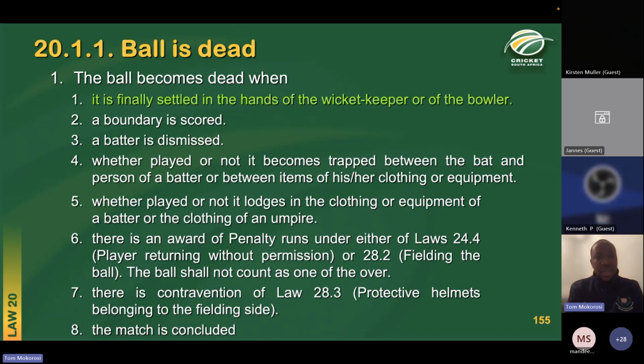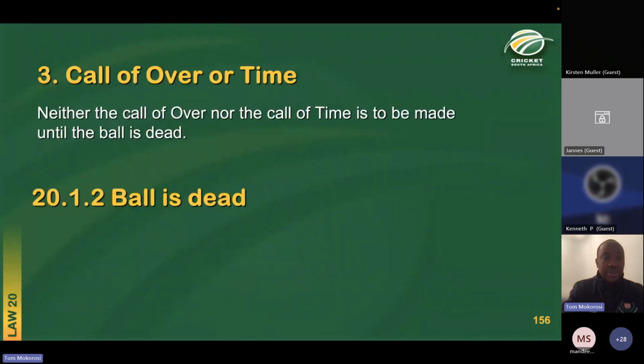In points number 4, 5, 6, and 7, even though the ball automatically becomes dead, it is good umpiring practice to call and signal dead ball, just to make everybody aware that the ball is dead. And then, of course, the ball becomes dead when the match is concluded. Nothing further can happen when the game is over.